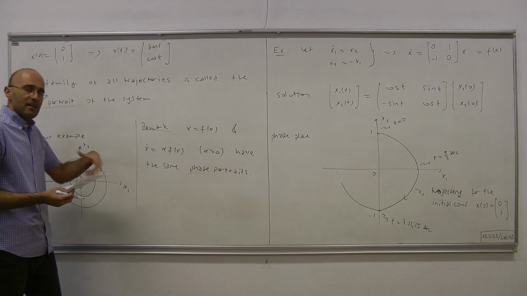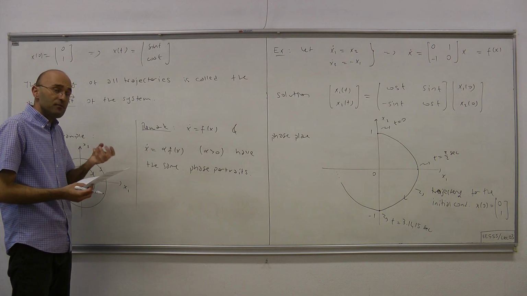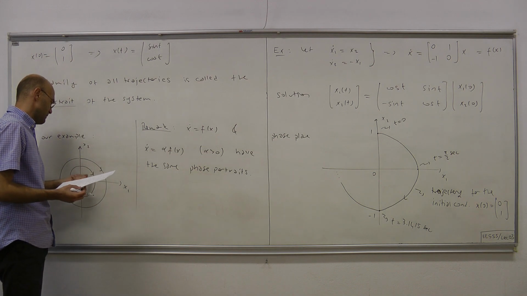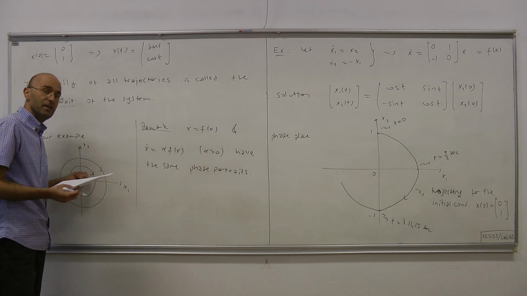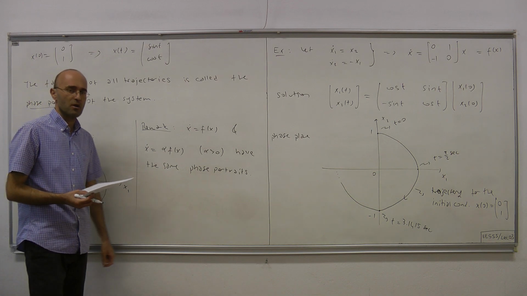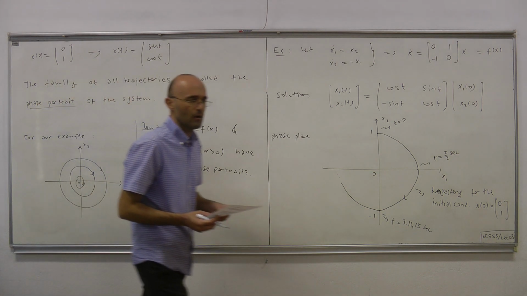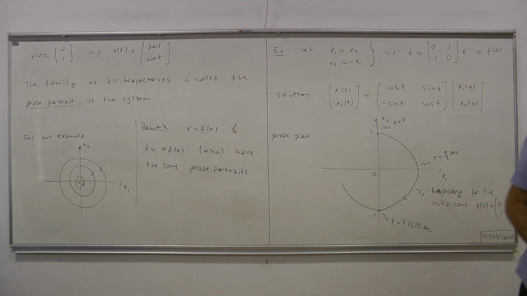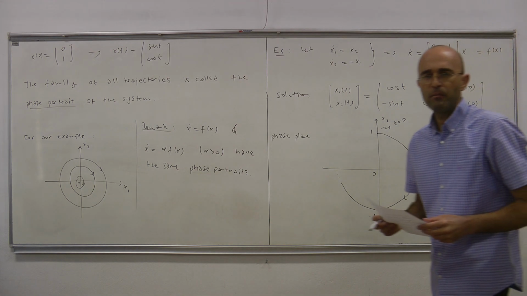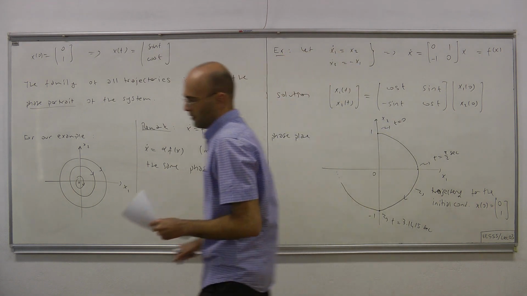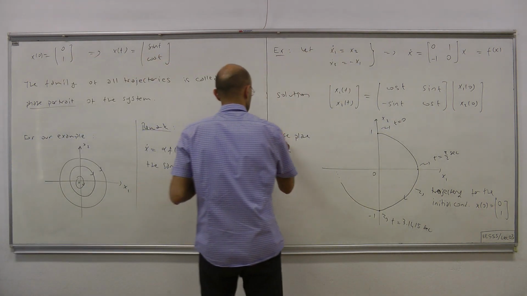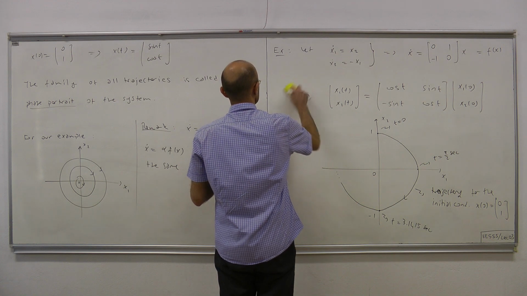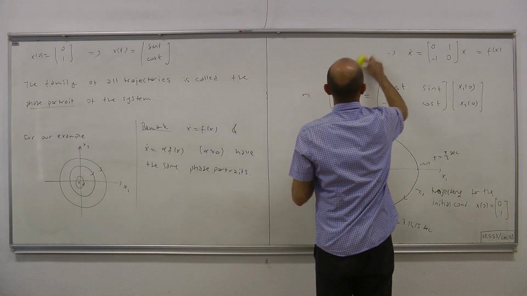But that rapidness information is not embedded in this picture. So you have to write it down somewhere, for instance. Now let's move on to something more interesting, namely the pendulum. That's our second example.